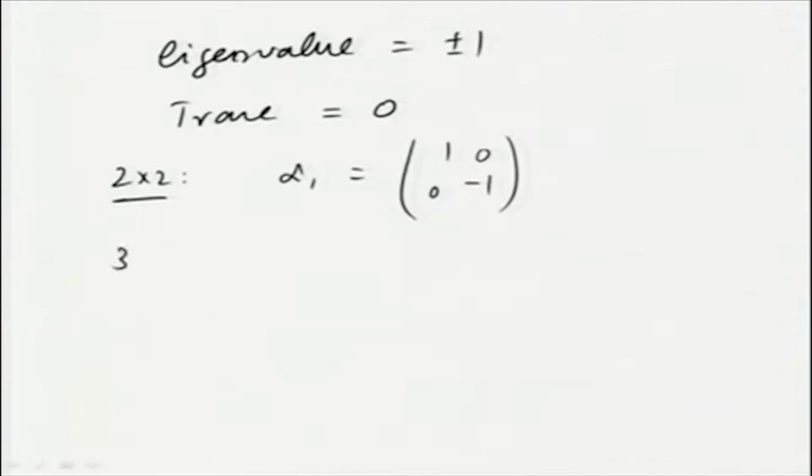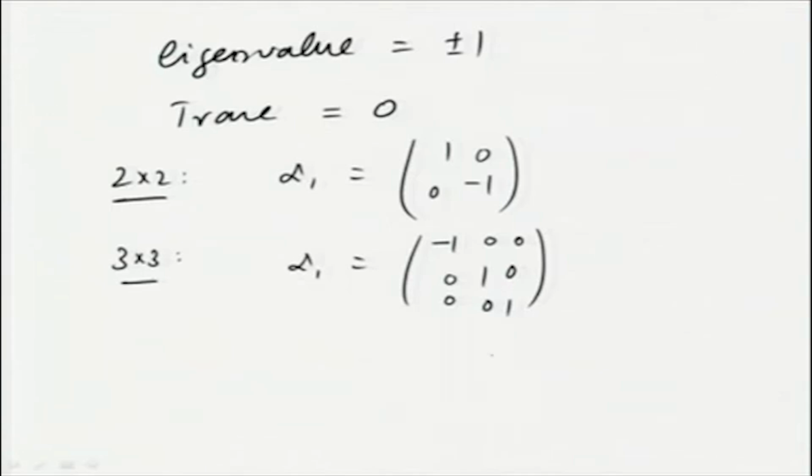But now, let me take a 3 by 3 case. So, let me take alpha 1. One possibility is to take 1, 1, 1, because then that is a unit matrix. Obviously, the trace of that is not equal to 0, but can I make one of them minus 1, the other plus 1, and then also the trace is minus 1 plus 1? This is not possible.